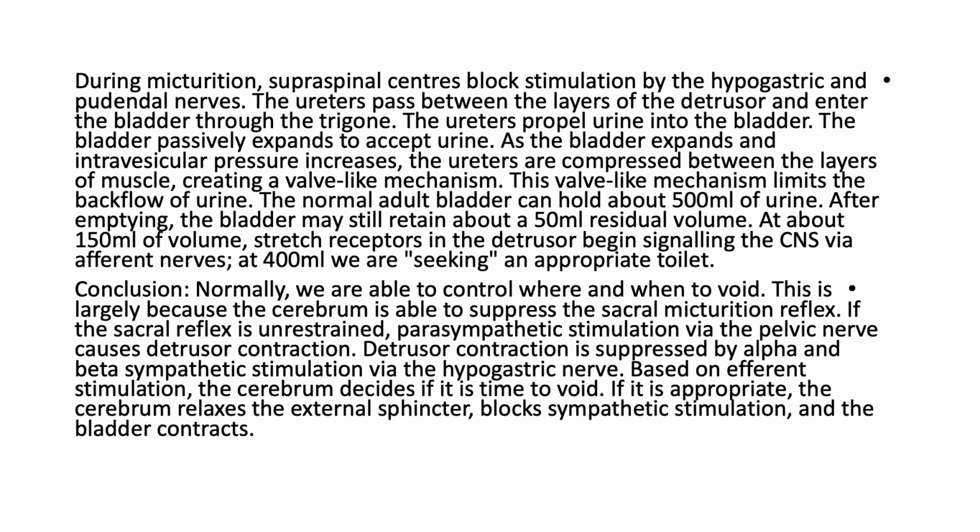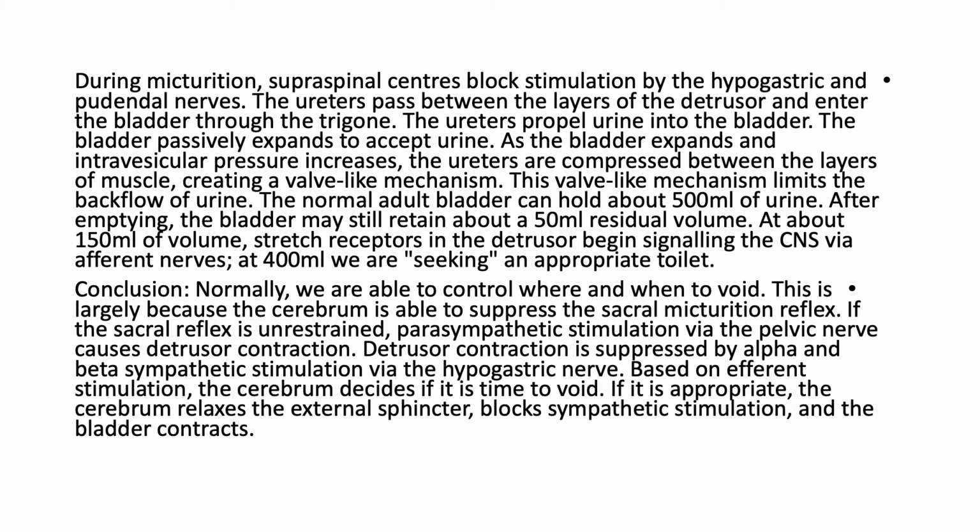And we said that the supraspinal centers and the higher centers will stimulate the process by the hypogastric and pudendal nerves, by the autonomic nervous system and by the voluntary control. And we start to desire to void when there is 150, and this will cause the stretch receptors in the bladder wall to send impulses.